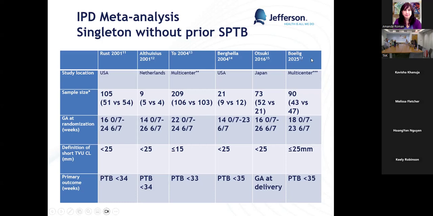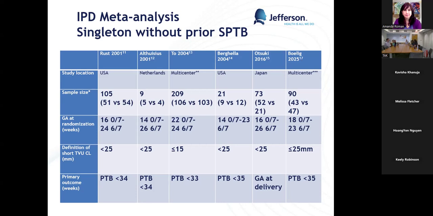And then, again, Jefferson data and Italian data from Rome and Naples, I think, with Dr. Berghella. So we got the databases and teased out the data to find out if cerclage works in women with a singleton without a spontaneous preterm birth but with a short cervix.